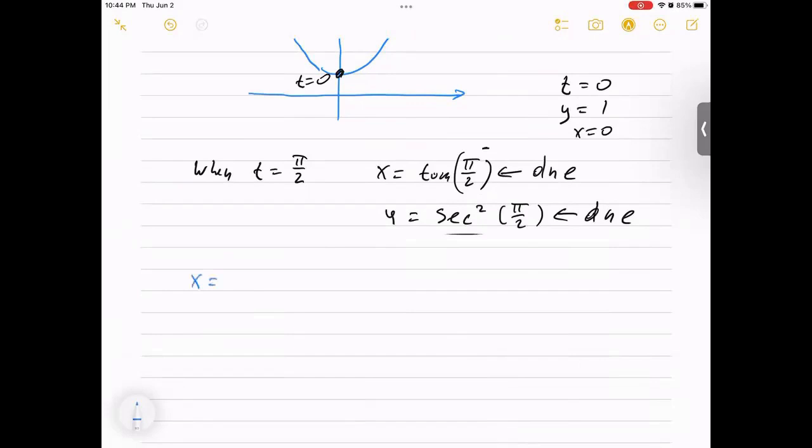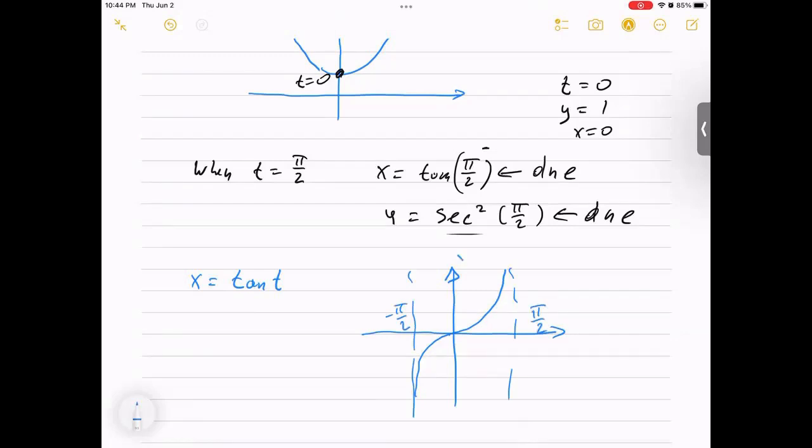Let's look at the graph of x, which is tangent of t. We graph x as a function of t, and our graph is going to look something like that. We recall what the graph of tangent looks like. x is the dependent variable, t is independent. Notice that t is supposed to be between 0 and pi over 2.